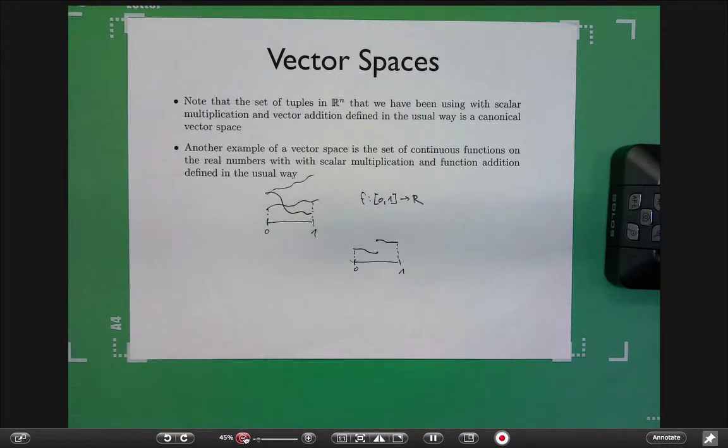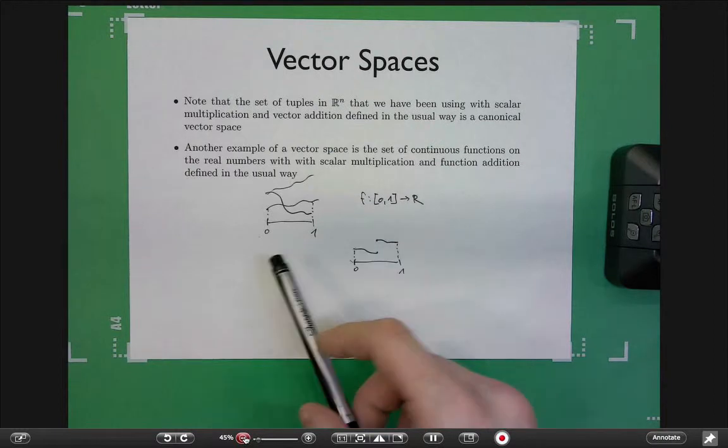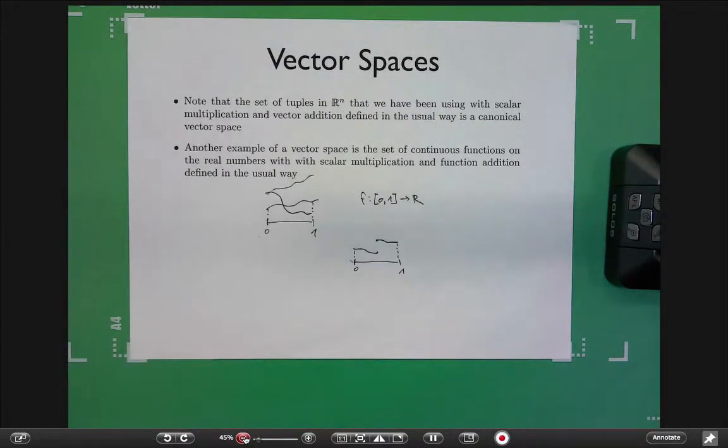I can also define addition, the plus operation on two functions, so just add the two functions together. That's fine. And it turns out that this satisfies all the properties. I should now go and check all 10 of them, but trust me that they are satisfied. And this is a vector space of all continuous functions. It doesn't matter if it was on the interval 0 to 1 or minus 50 to 50. Or it could also be from minus infinity to plus infinity, right?